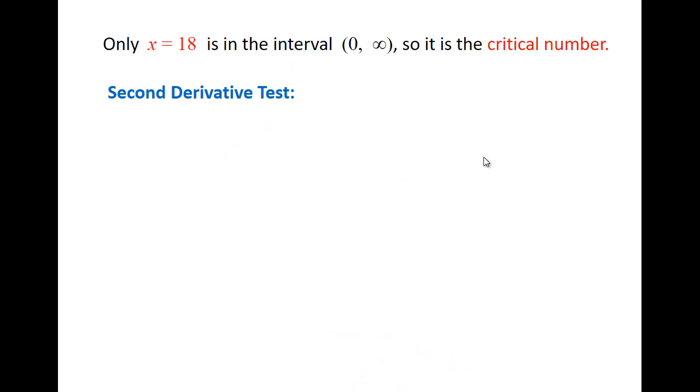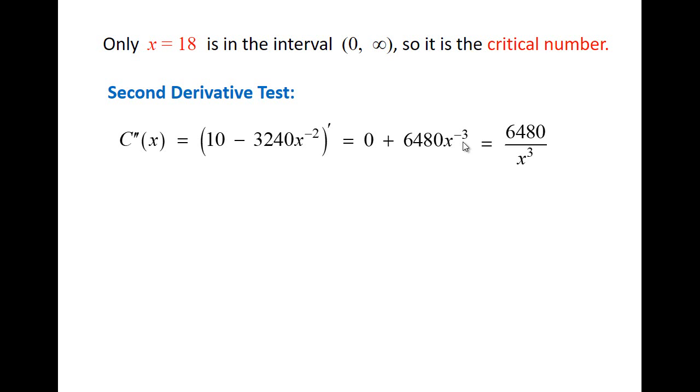And by using the second derivative test, what's the second derivative? Well, it's the derivative of the first. So recall that this is the first derivative, and if I take the derivative again, we get negative 3240 multiplied by negative 2, so that's going to be 6480 times x to the negative 3. So that's 6480 over x cubed. What's the value of the second derivative at 18?